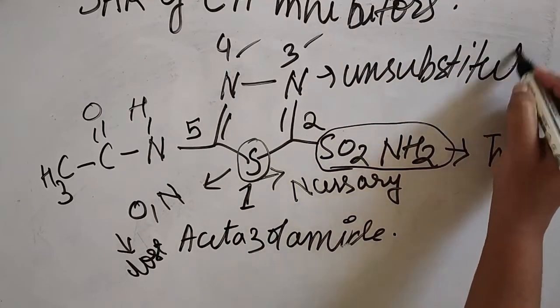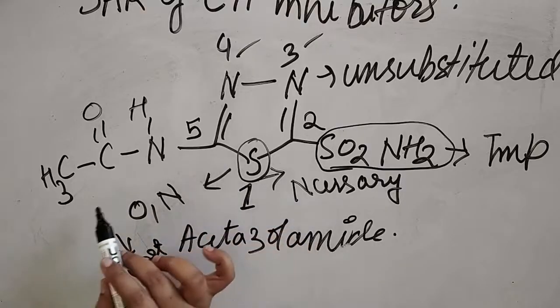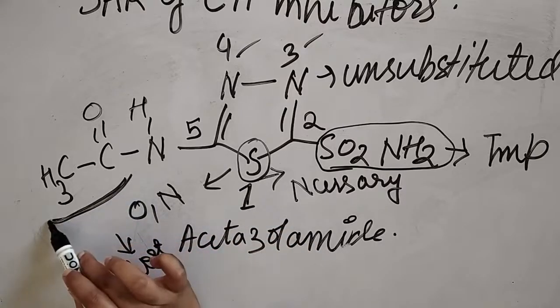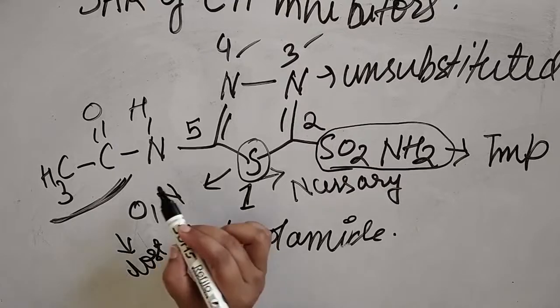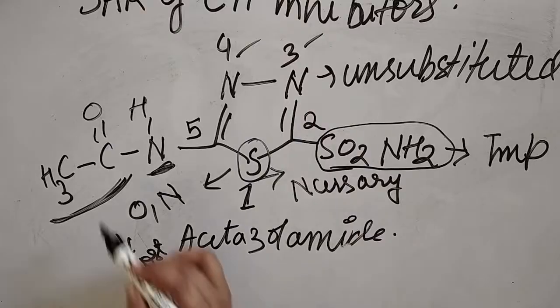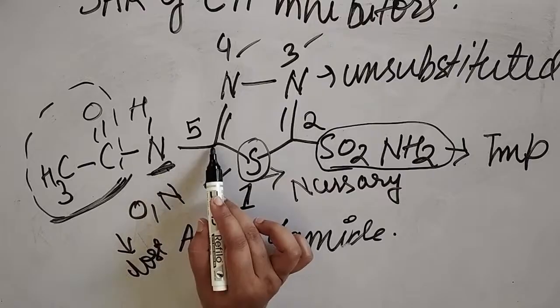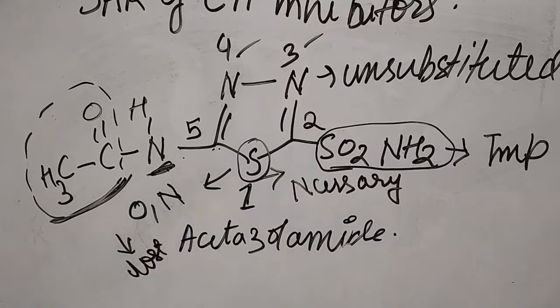If there is any substitution on these two nitrogens, the activity will decrease. Next, at position 5th, the presence of this methoxy group attached with this nitrogen, which is directly attached to this ring, is necessary for diuretic activity. So this is the SAR of carbonic anhydrase inhibitors.